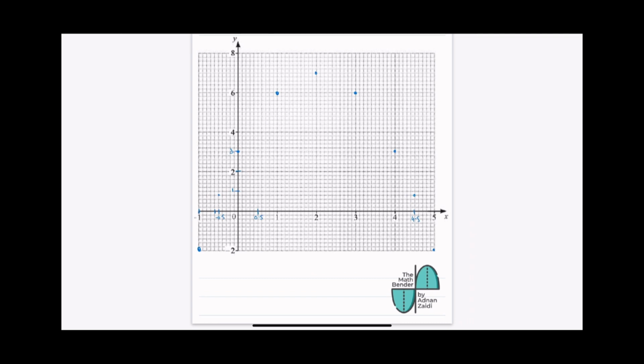So it looks like a curve. I'll try to draw it, although you're recommended to draw it using a pencil. I'll draw using a pen.